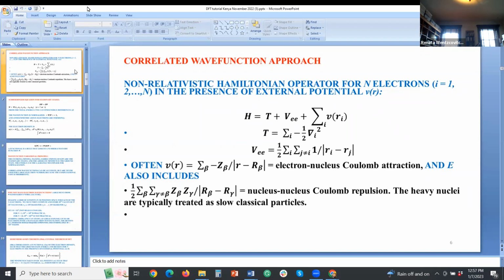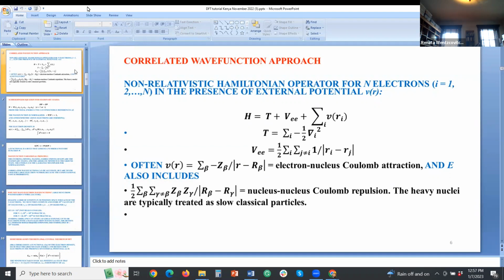The external potential v(r) in this problem can be any function of position, but in most problems of interest, it's actually the electron-nucleus Coulomb attraction, which is also an attractive Coulomb interaction between each negatively charged electron and each nucleus with a positive charge Z beta.